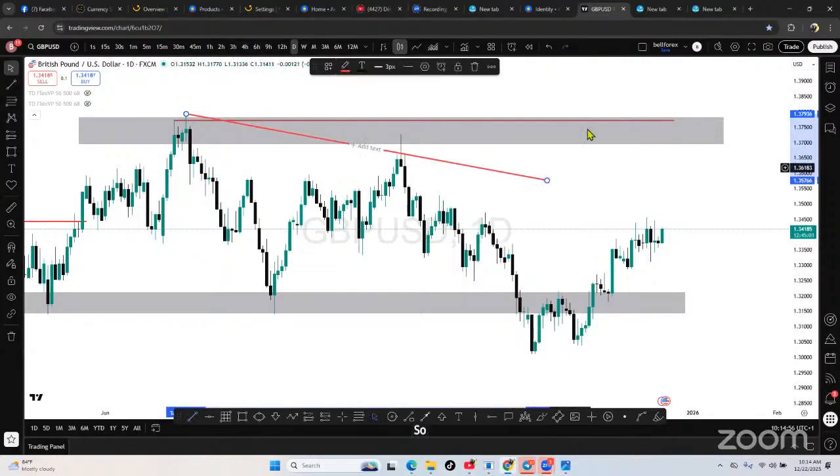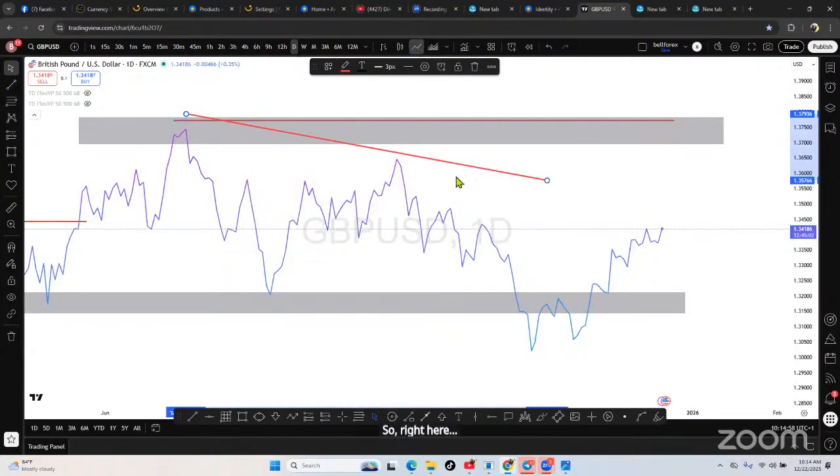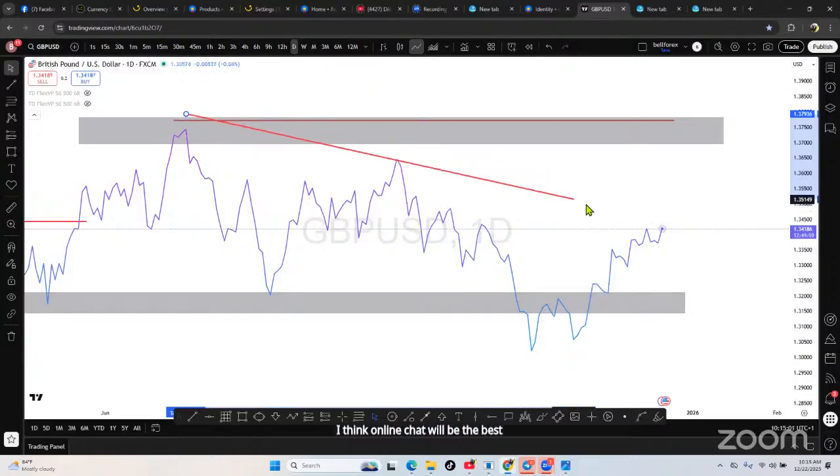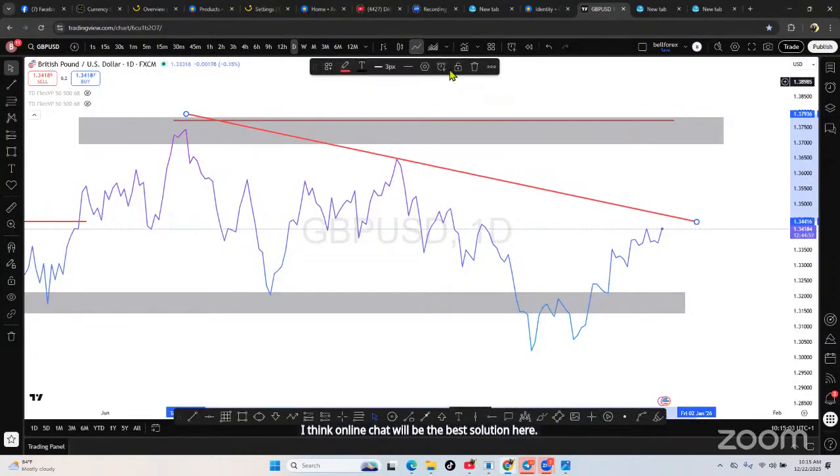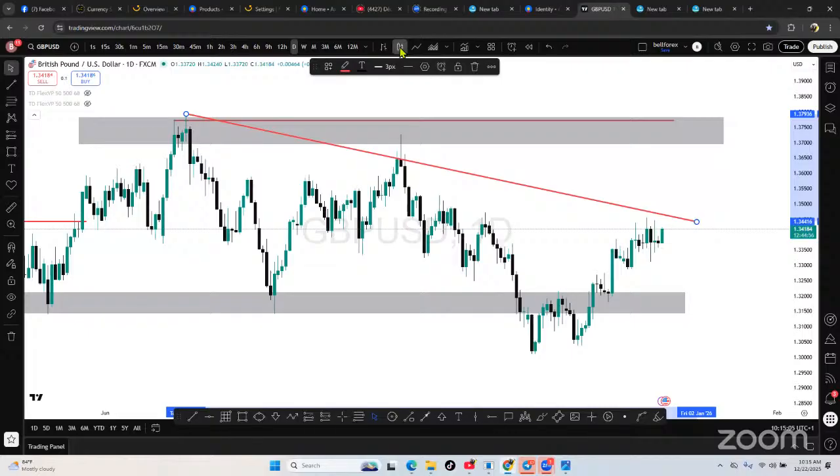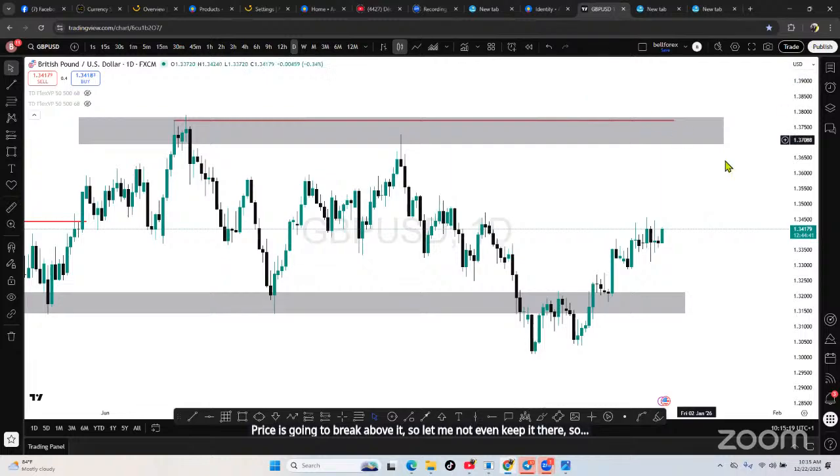So right here, I think a line chart will be the best solution. Actually, the line chart is more of a distraction because price is going to break above it, so let me not even keep it there. It's not really necessary.